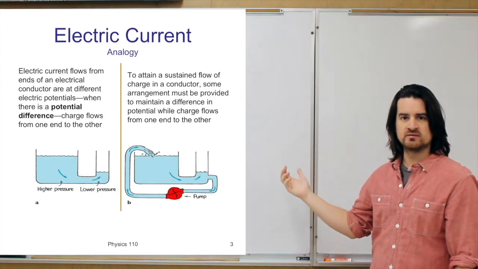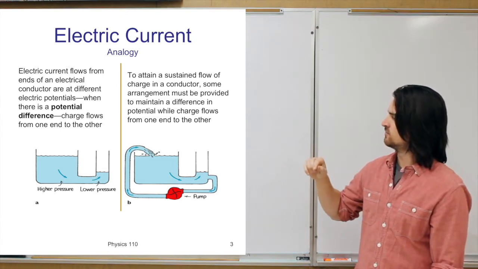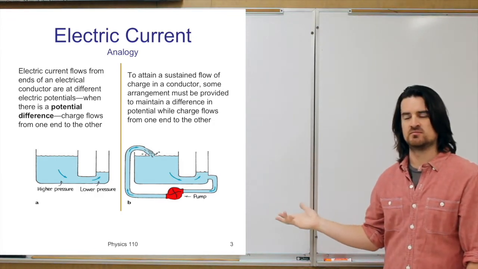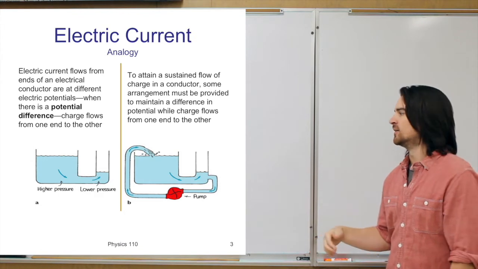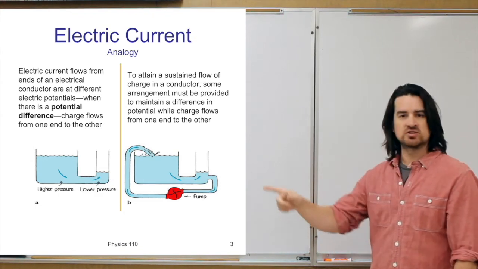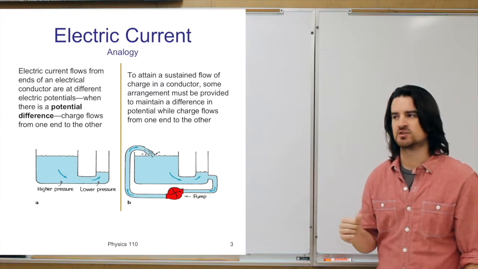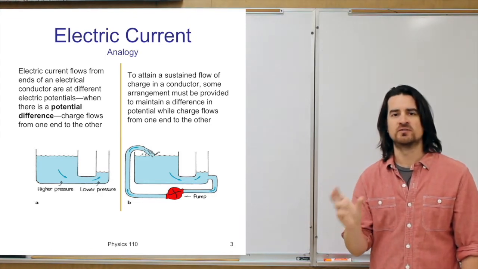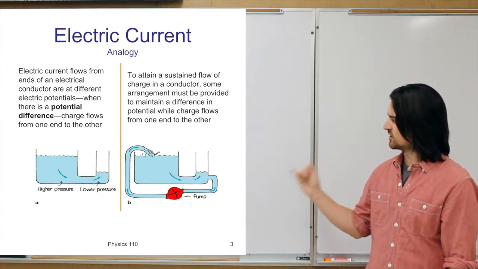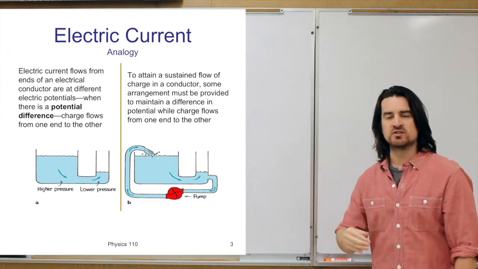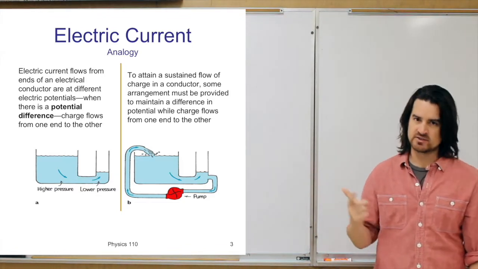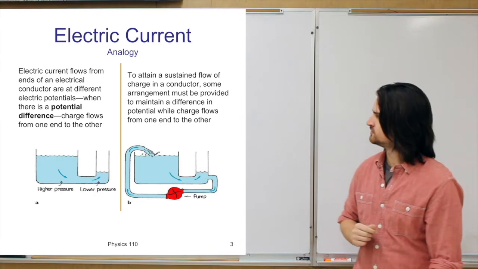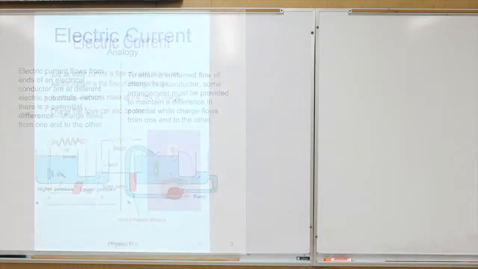And if you want to sustain that electrical current, then you have to put something into this system, like a pump in the case of the water, to sustain that difference in electric potential. So you need a device that will, in itself, hold a difference in electric potential. Just like the pump does here, we'll see that other things can do that for electric current, like batteries, electric generators, things like that.